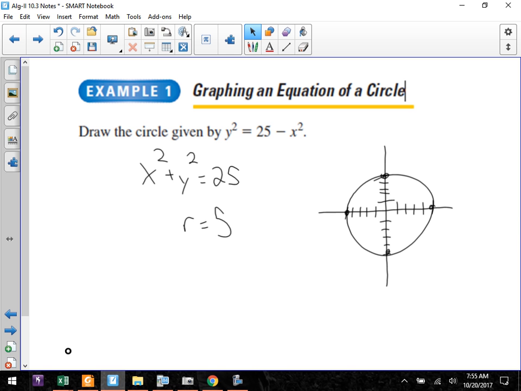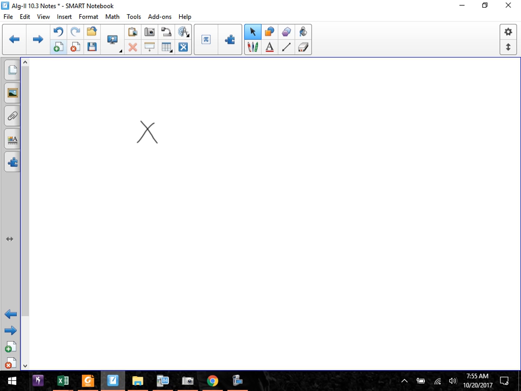Hey, what if your radius was 2√3? Now, this does happen. Let's say it's x squared plus y squared equals 12. Now, that 12 is the r squared, which means r is the square root of 12, which we all know as 2√3.